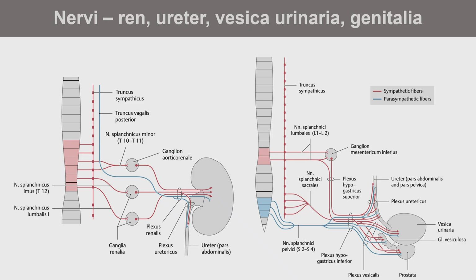Pelvic. If you remember the way how are distributed the sympathicus and parasympathicus in the bowel, you can also remember that kidney is supplied by renal ganglia or aortico renal ganglia, which are surrounding renal artery.